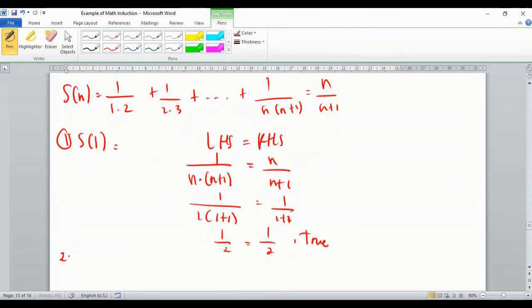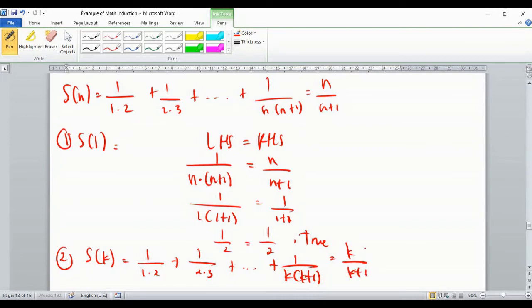Okay, so for step 2, you need to change the n to k. So 1 over 1 times 2 plus 1 over 2 times 3 plus dot dot dot plus 1 over k times (k plus 1), equal to k over (k plus 1).